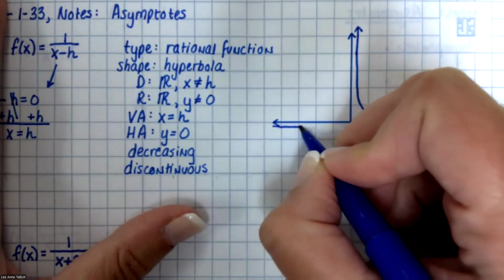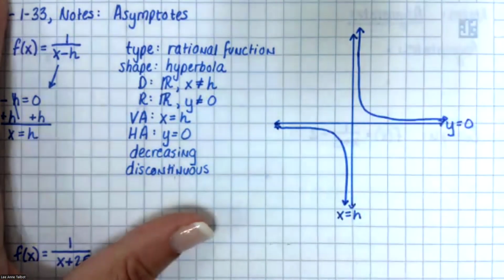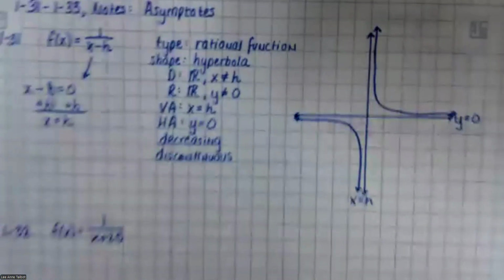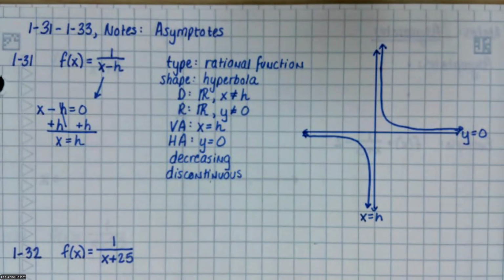Doesn't have to be perfect. We don't need coordinates. How did your swoopers come out? Good, good, good. Okay.